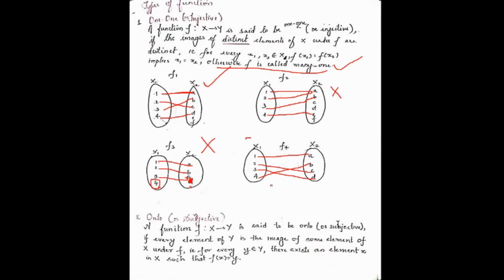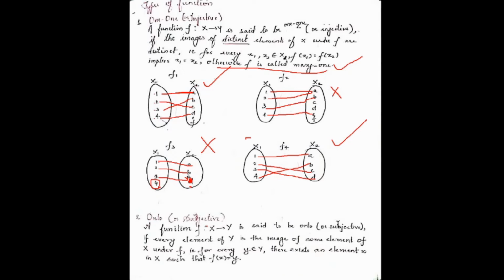Yeah, it is 1, 1. 1 has image A, 2 has C, 3 has D, and 4 has B. So each distinct element is having a distinct image under F, right? Okay, so this is 1, 1. Got it? Clear?